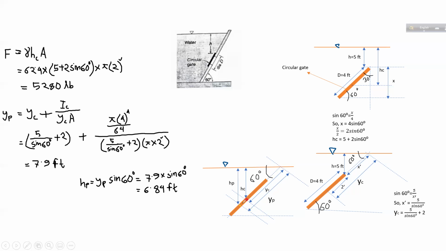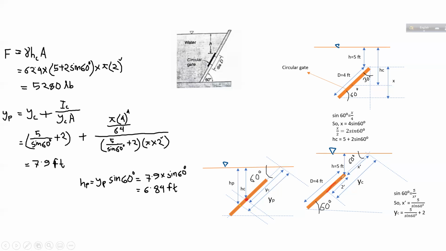And we all know that the center of pressure always lies below the center of gravity. So here is our center of pressure, and here is our center of gravity for this circular gate.